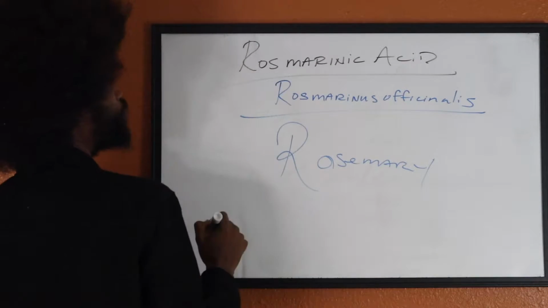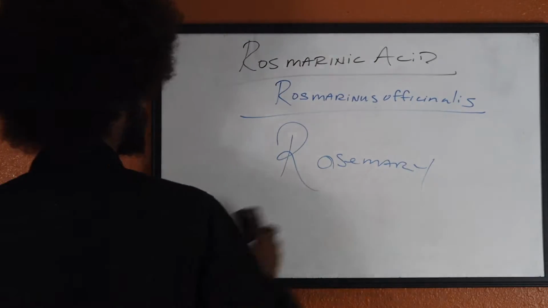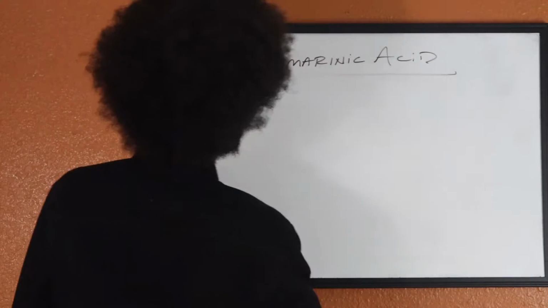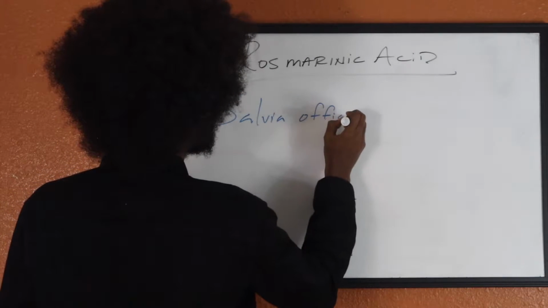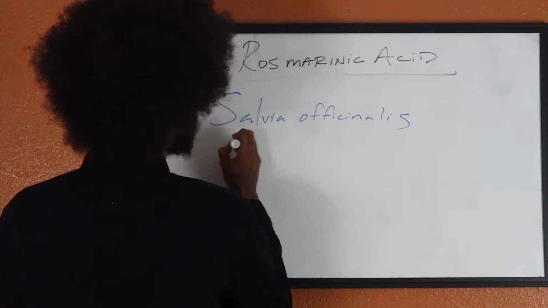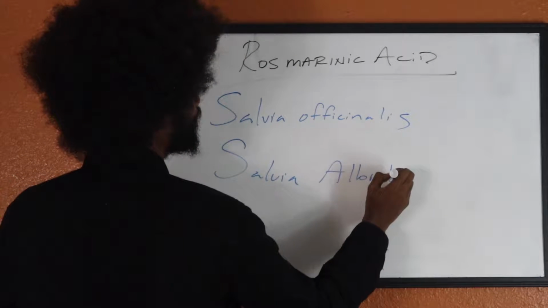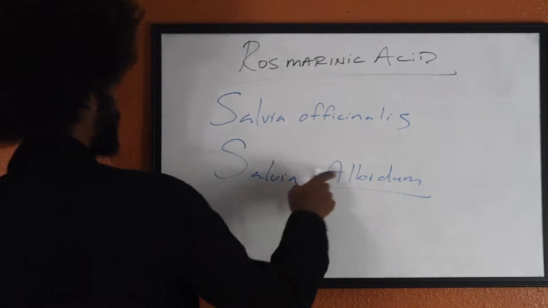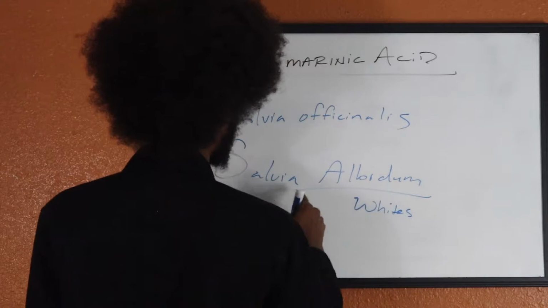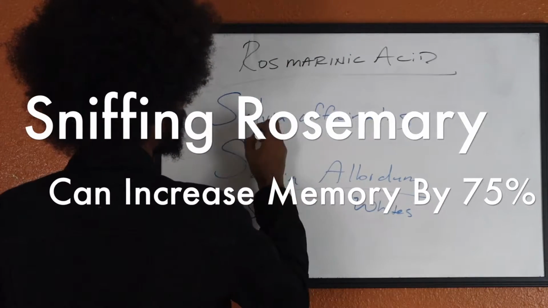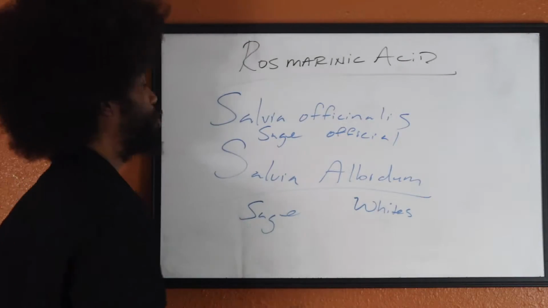You will also find rosmarinic acid in another plant called Salvia officinalis, or Salvia, I think it's albidum. Don't quote me on it, but it means white sage. Sage officinalis, and white sage.